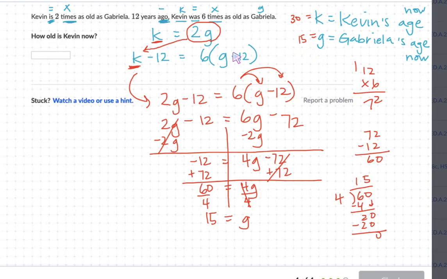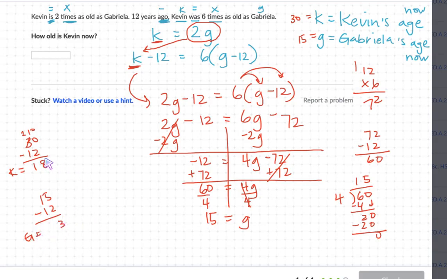And then I can just go through the second equation and make sure that makes sense. So 12 years ago, Kevin would be, let's see, did I do that correctly? Yes. Kevin would be 18. 12 years ago, Kevin was 18. And Gabriella minus 12 would have been 3.